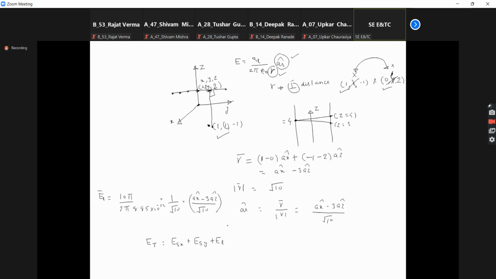So whatever components are coming together, like x, these are coming together. If y is getting repeated, add it. Whichever coordinate's vector is involved multiple times, you have to add those components, and you will get the final answer. Now, if any query is there, you can ask.